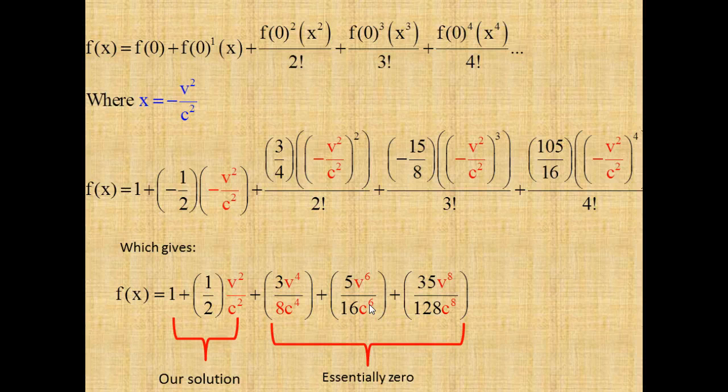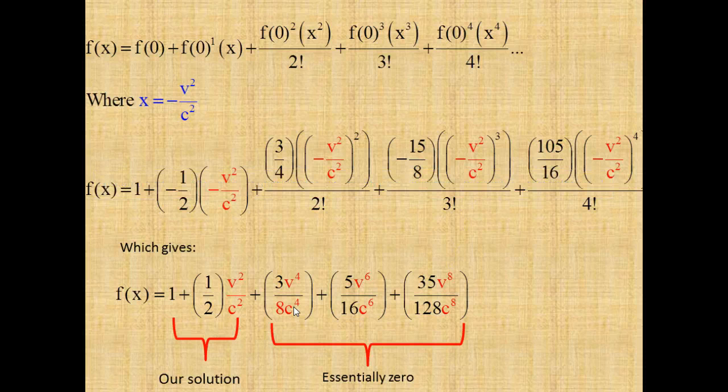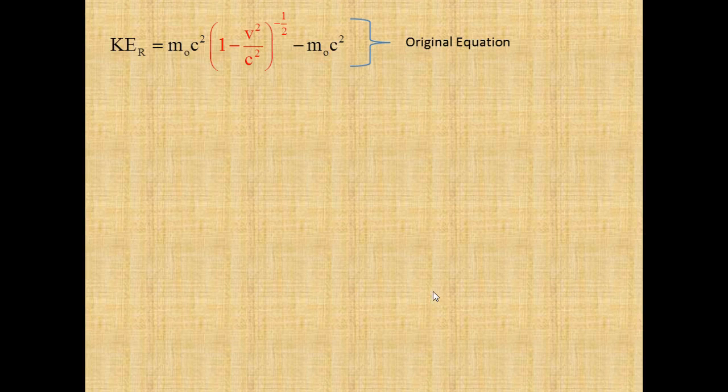Okay. And the power of 6 is a huge number. The power of 4 is a huge number. So if we got a smaller number multiplied by a very huge number, these are essentially 0. Okay, so essentially our solution is this part right here, because these are essentially 0.